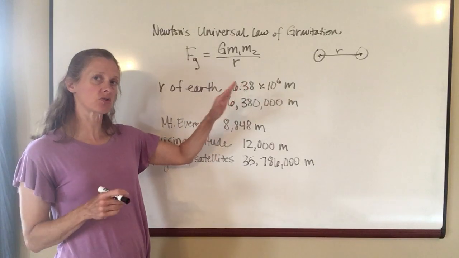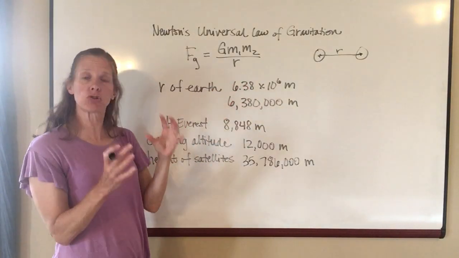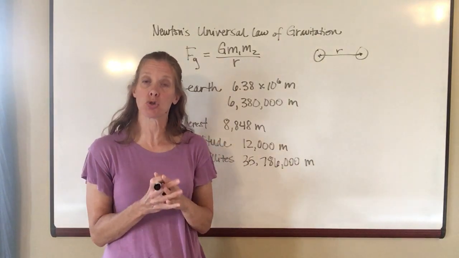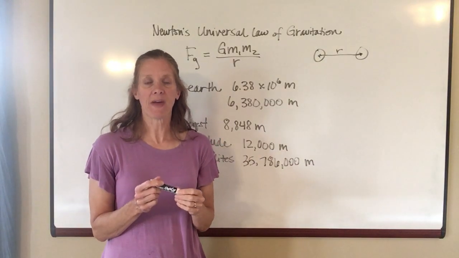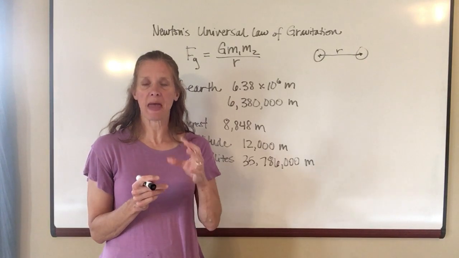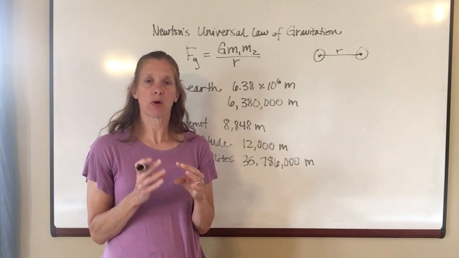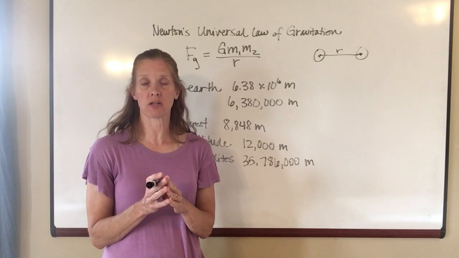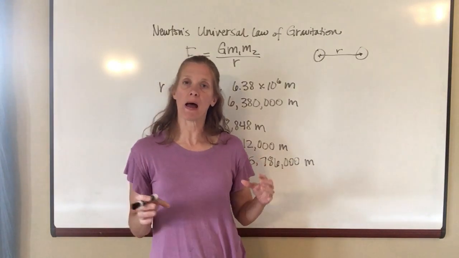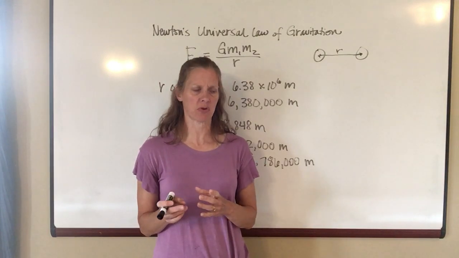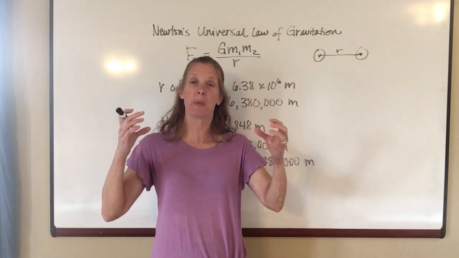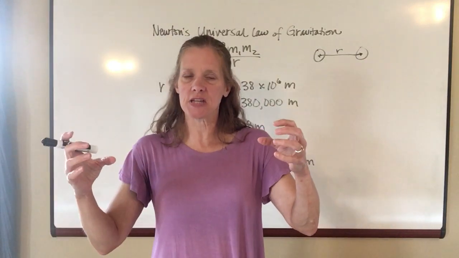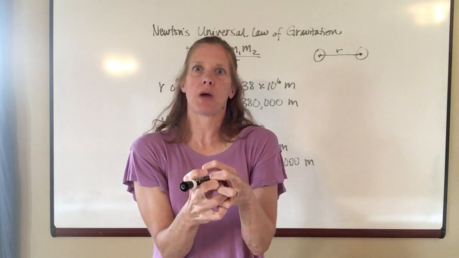I know it seems very odd to say that any two objects in the universe actually will have a gravitational attraction to each other. The fact of the matter is that if the mass is little, then the gravitational force of that object is very, very small as well. So in our everyday lives, if you've got a salt shaker and a pepper shaker sitting on the table, you don't see them suddenly gradually gravitate toward one another.